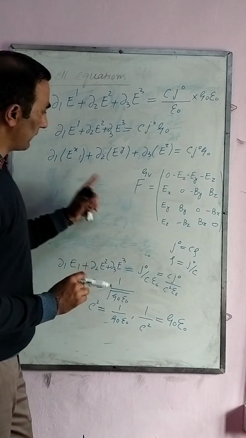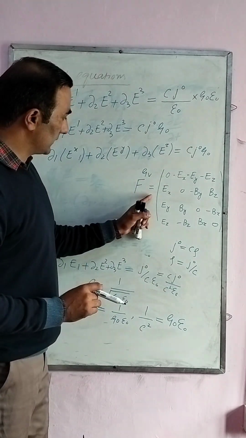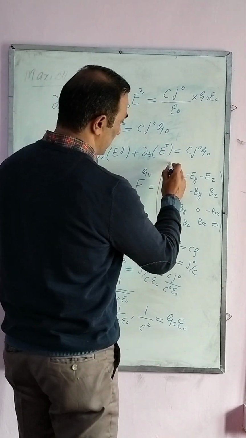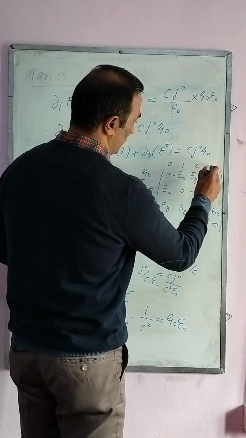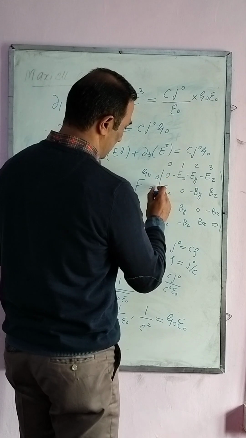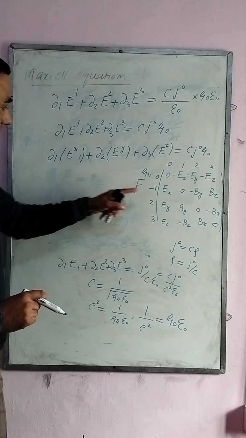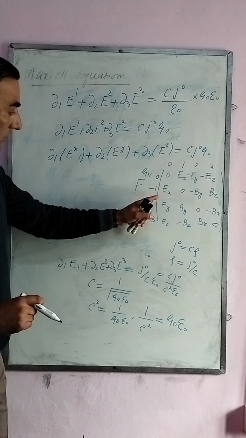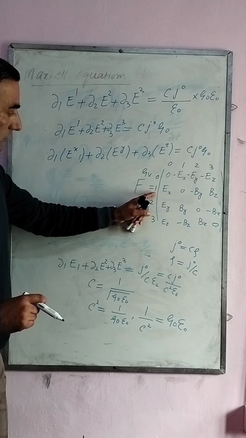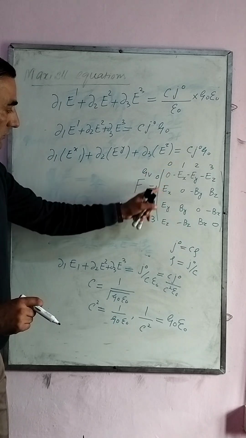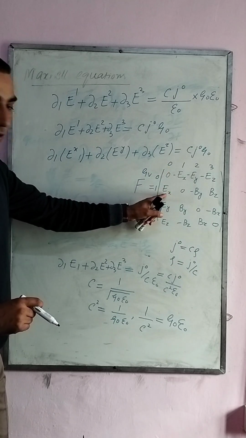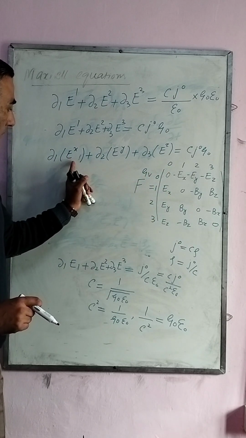Now, instead of this Ex, because these are those components, that is 0, 1, 2, 3, 0, 1, 2. So this is our which component, Ex? That is our F10. So in that case, our mu equal to 1 and nu equal to 0. So this is 1 0, which corresponds to our Ex component, right?